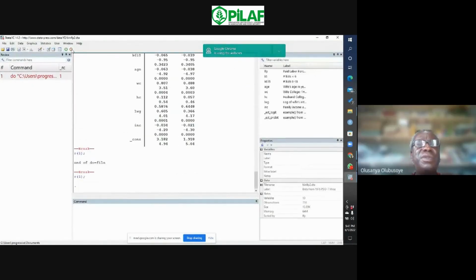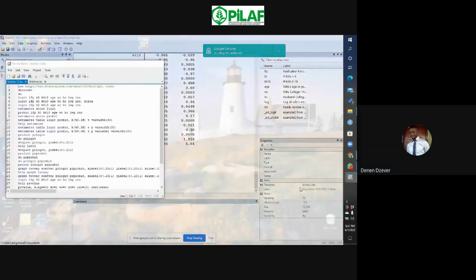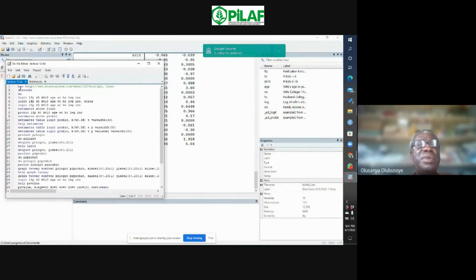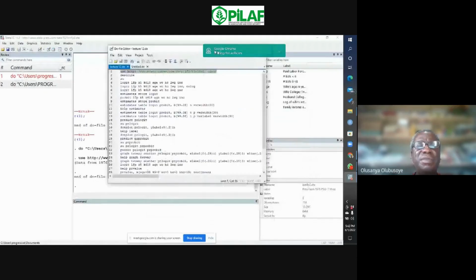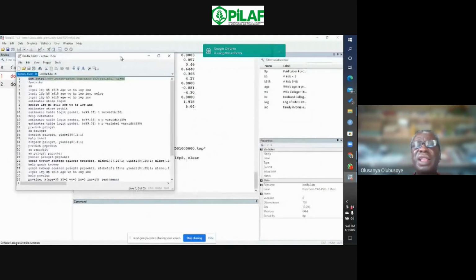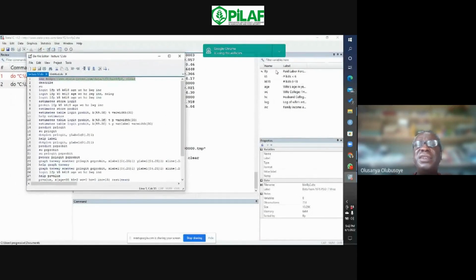So let me stop this. I want to run one line at a time. So I block that line, and this is the data. The data is now loaded from the internet. Are you able to do what I'm doing now?